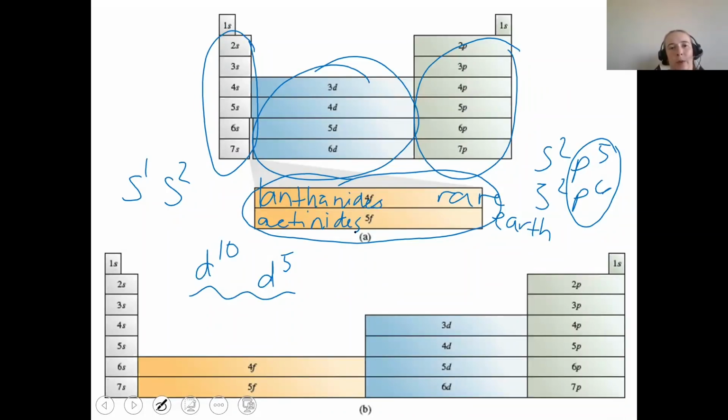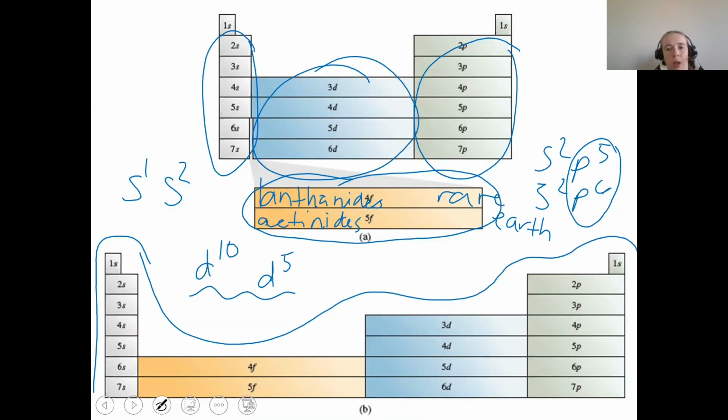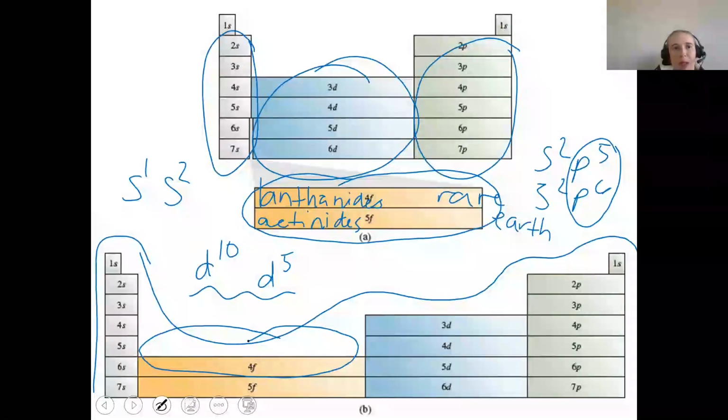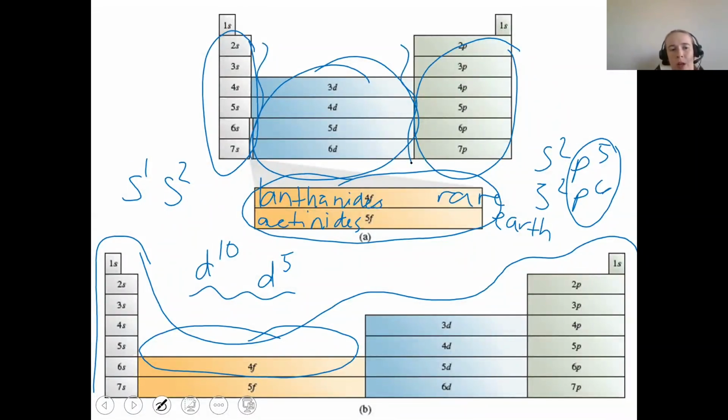And we don't ever have enough room on a periodic table, like on a plain sheet of paper, to be able to read the periodic table if we write it out the way that it really should be written. But if we did, then you would see that the f block actually inserts itself here on the periodic table, just like the d block inserted itself between s and p. The f block inserts itself between s and d, which would make the periodic table really long and hard to read on a single piece of paper.